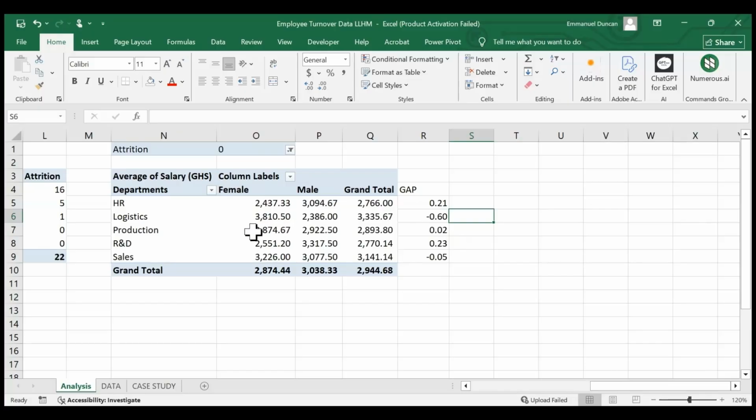Even with that, you realize that there is not so much of a difference between both genders.